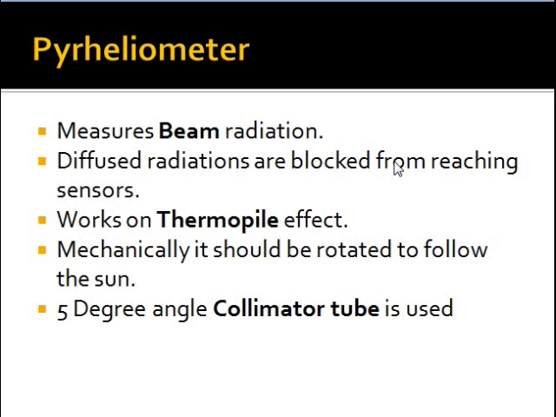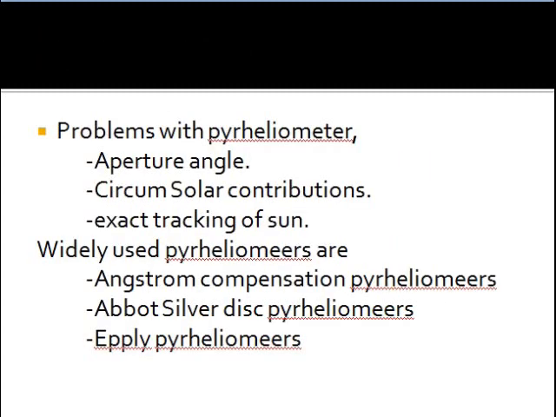This pyrheliometer has some disadvantages or problems. One is the aperture angle. It is very difficult to maintain the aperture angle at 5 degrees.